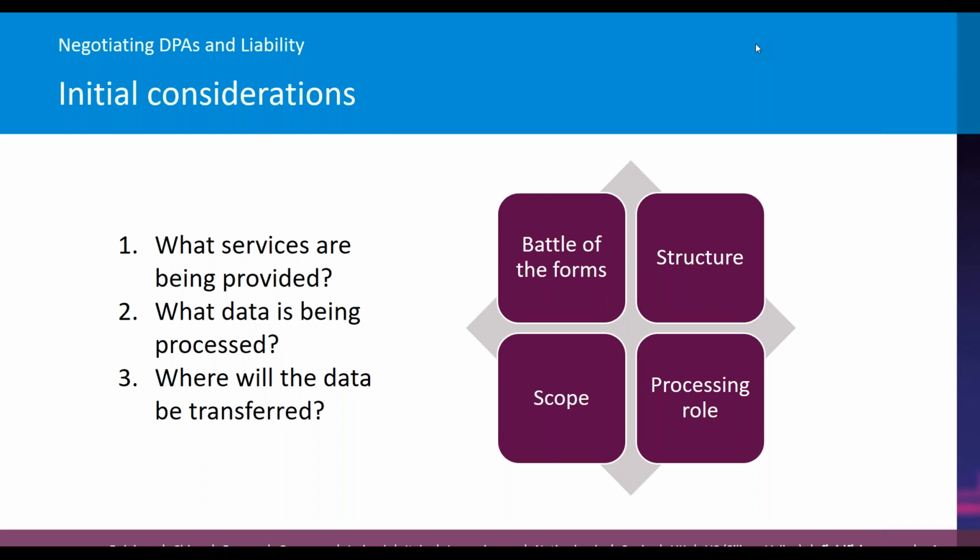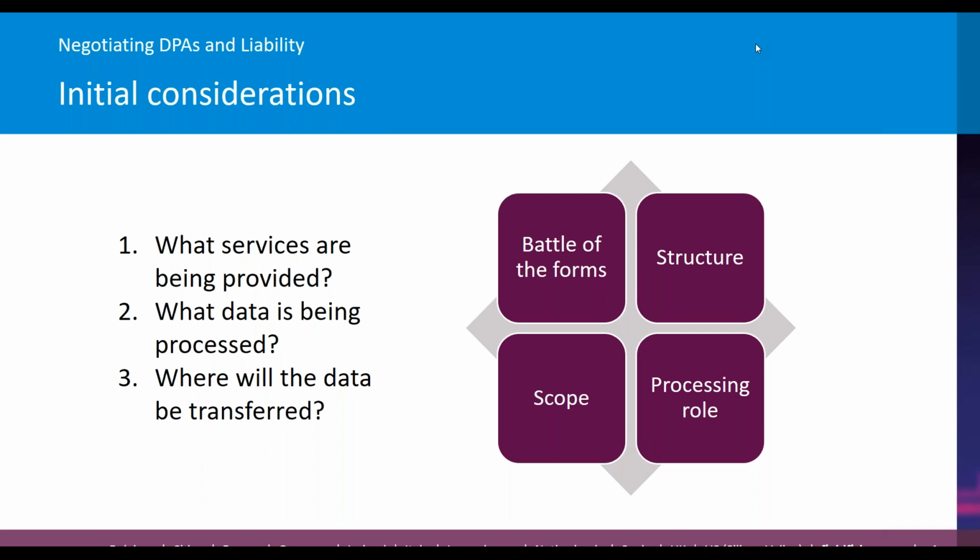Okay, another thing to think about is the structure. So how is this DPA going to sit within the overall contracting arrangement with the vendor? And this is really going to depend on what's appropriate for that particular situation. In many cases, you're going to have an MSA or a main services agreement with the vendor, and the DPA is going to be similarly acting as kind of an umbrella set of terms for all of the processing that is going to be performed by the vendor when it's providing its services.